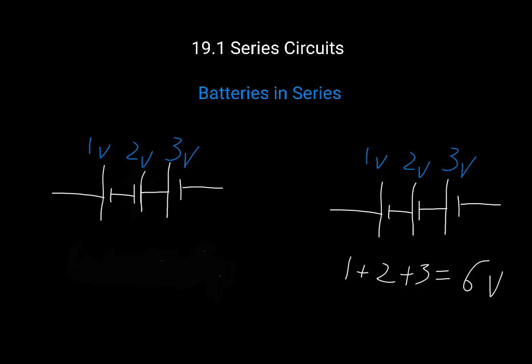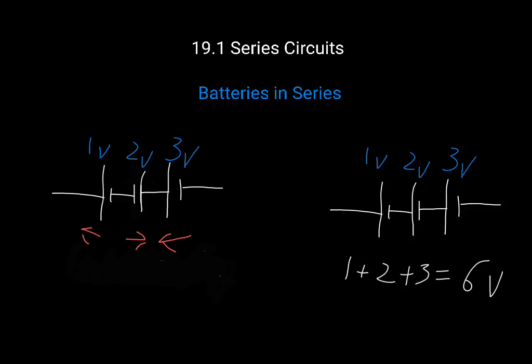Now we have to be careful which direction our voltage sources are pointing. If we look at the example on the left, our 1 volt source is pointing to the left. Our 2 volt source, however, is pointing to the right, and then our 3 volt source is also pointing to the left. So we have to pay attention to which direction we have our long part and our short part, because remember, the voltage source pushes current in the direction that the long part of the voltage source is.